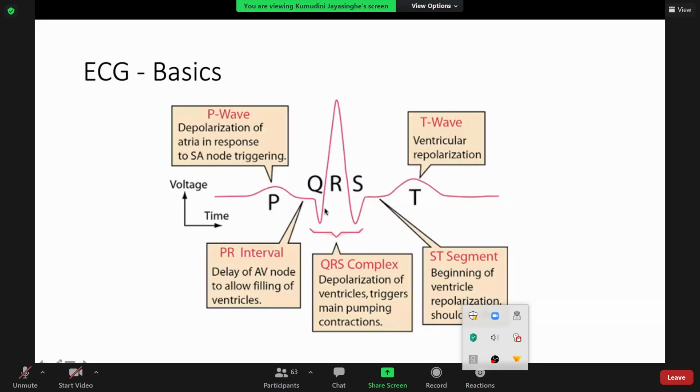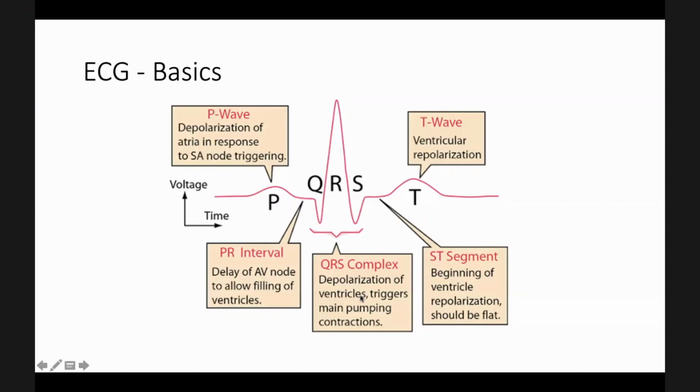Then the QRS is the depolarization of the ventricles. The ST segment is the beginning of ventricular repolarization, and the T wave is the ventricular repolarization. So you have the P, then the QRS, then the ST segment, then the T wave.